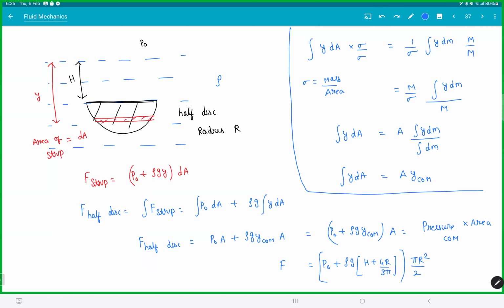But this is for sheets. Now, if I give you a 3D shape, then how do we use this? We'll see that also.